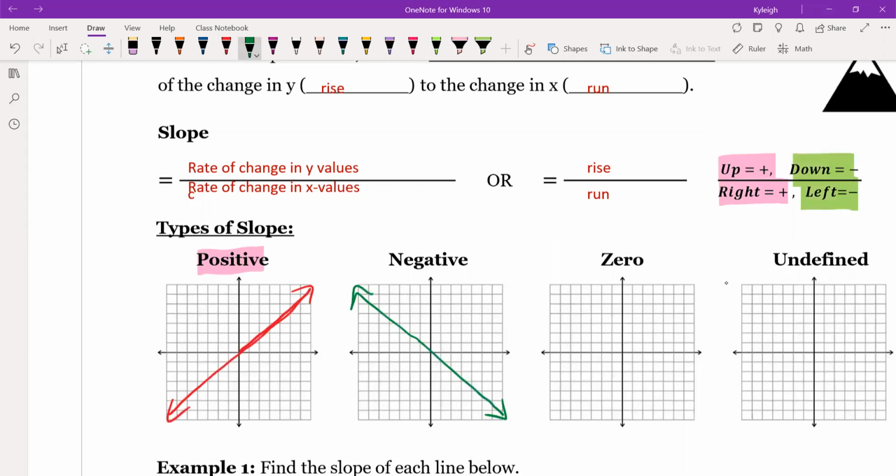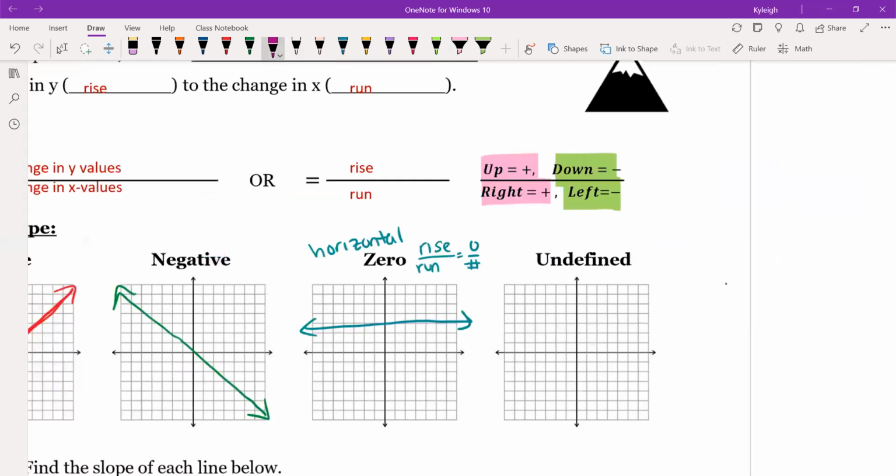A zero slope is when your rise is 0, but your run is a number, and that is horizontal. So that goes across. Undefined is vertical.